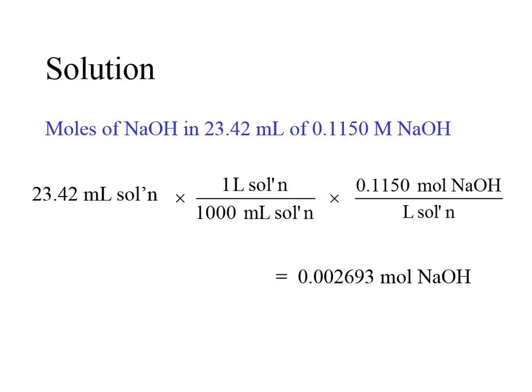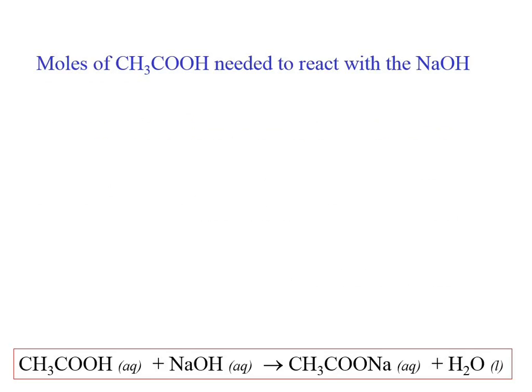Now we said we're going to use stoichiometry to get from moles of NaOH to moles of acetic acid. So that's going to be our first term, 0.002693 moles NaOH. And we want moles of NaOH to cancel. This is that boring stoichiometry, and you're like, is it even balanced? Yes, it is. It's balanced with coefficients of 1 across the board.